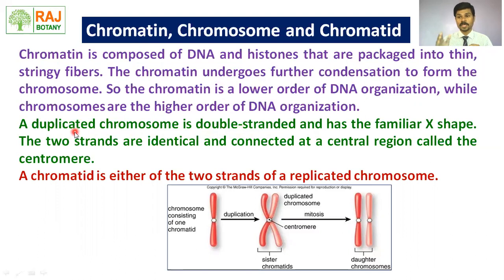Duplicated means when the cell undergoes the S phase. We know the cell cycle: G1 phase, S phase, G2 phase and M phase. These are the phases of the cell cycle. Initially the chromosome is rod shaped, but when the cell enters the S phase, the chromosome gets duplicated and gives the appearance of the typical familiar X shape that we know as chromosomes.